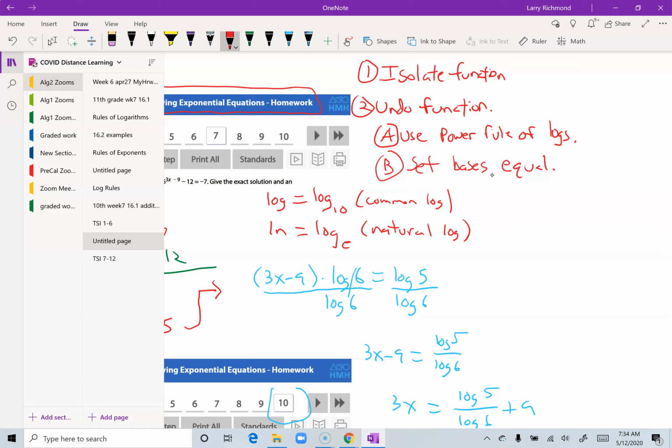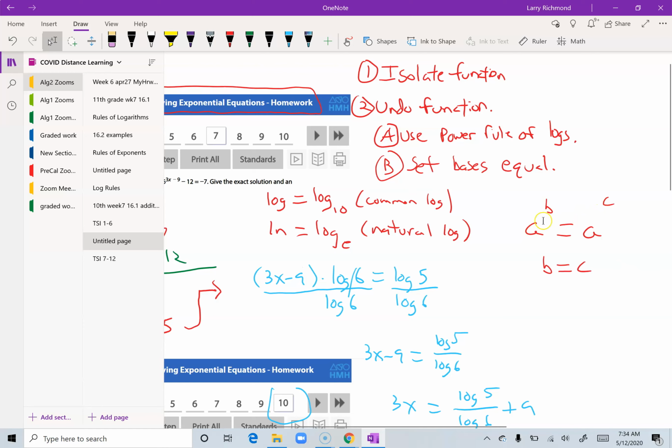And that basically says this: if you have a to some power b and a to some power c, if these bases are the same, then the exponents must be the same. If this, then this, b is equal to c. And I think that makes sense.